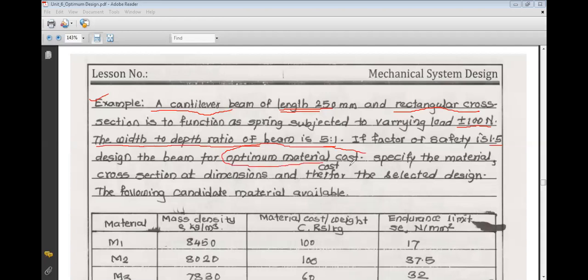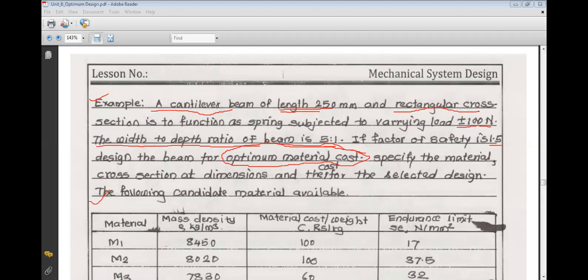So the target, or objective, of your cantilever beam is to minimize the material cost. Specify the material, the cross section dimensions, and the cost for the selected design. The materials are given in the following table.